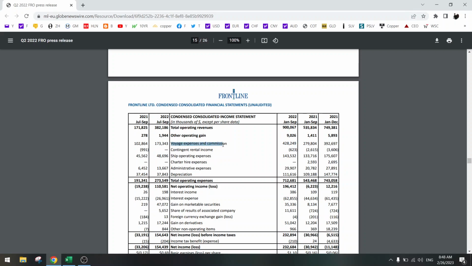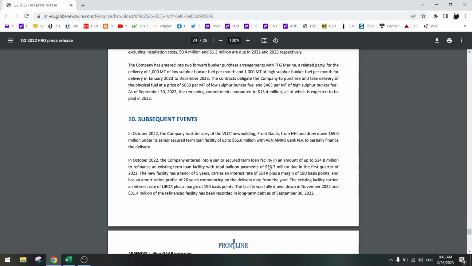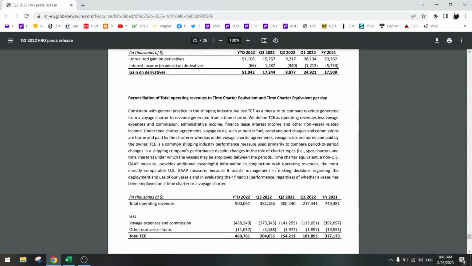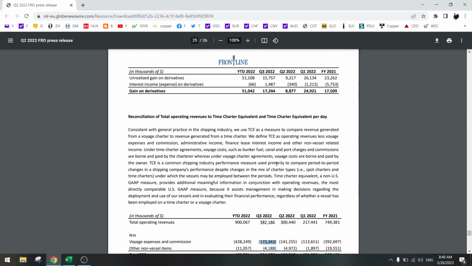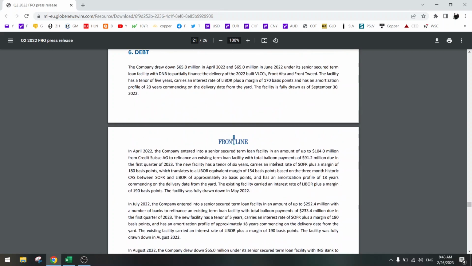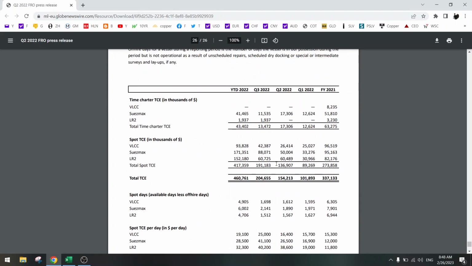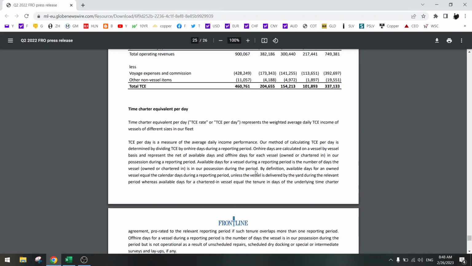Because this is voyage expense and commission. And as you can see here, going from revenue to TCE, you have the voyage expense and commissions, right? And then here, let's take a look at this. So the TCE is 204.